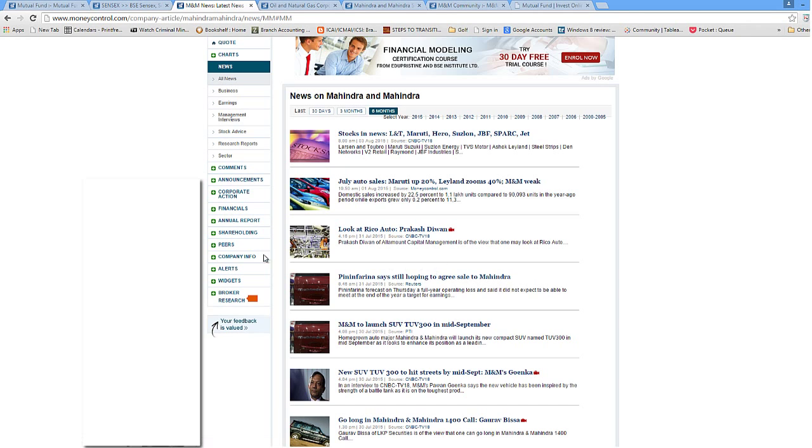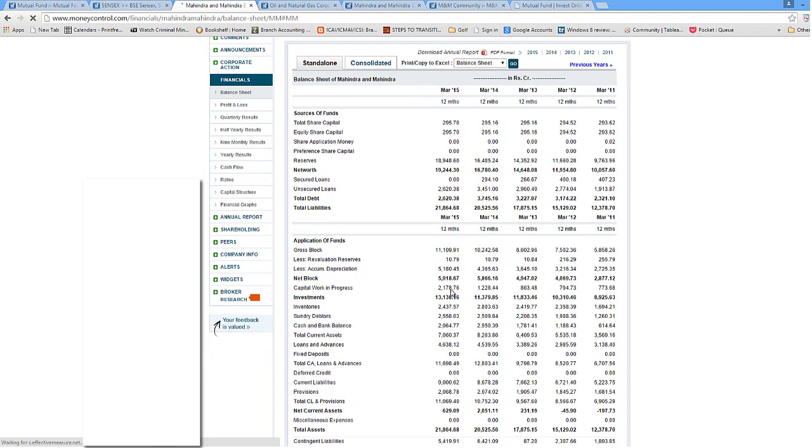After you have gone through the recent news, you can go through the financials of the company. In financials, I would recommend that you at least look at the balance sheet, the P&L and the cash flows. In balance sheet, I usually like to look at the debts. The debt should not be rising and it should not be very big compared to the net worth of the company.